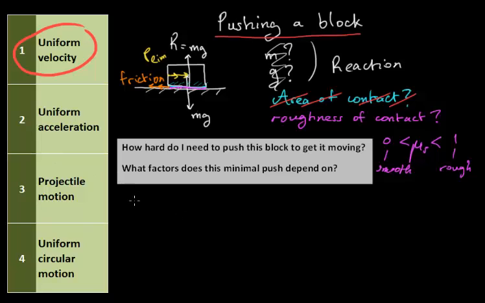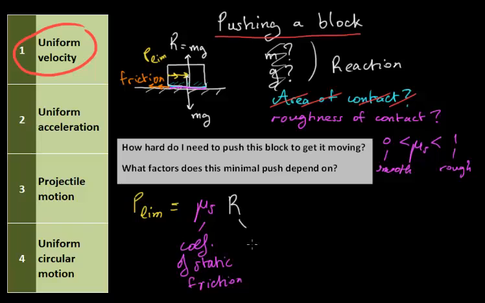So now we have the fundamental factors, and we can express the minimal push you need to move this object from its position. And it's in fact equal to the product of mu s, the coefficient of static friction, and r, the reaction force.